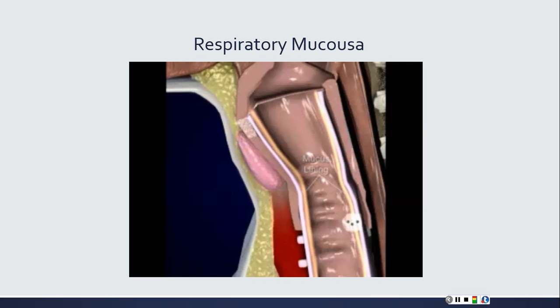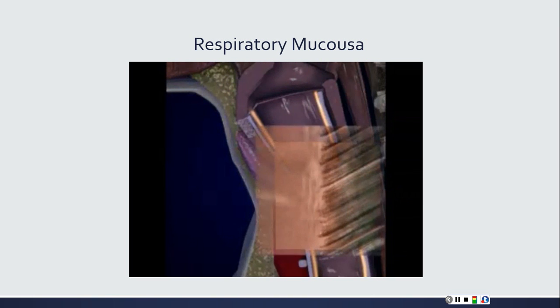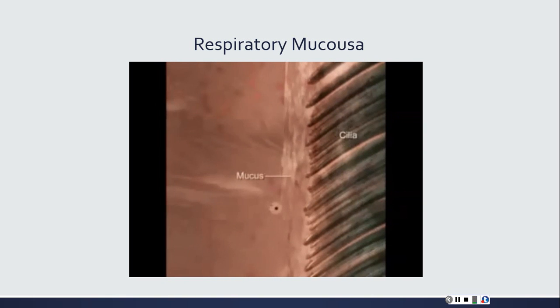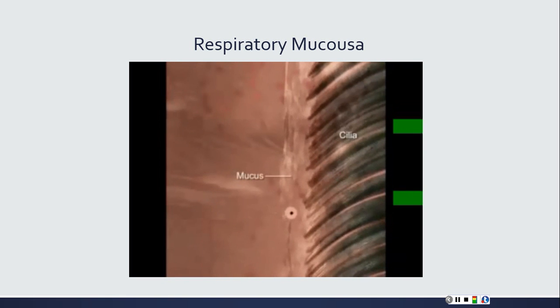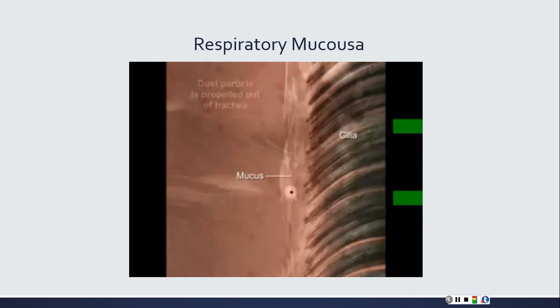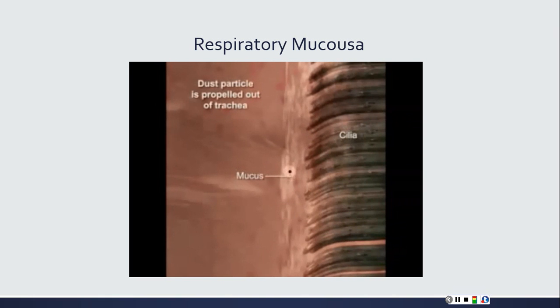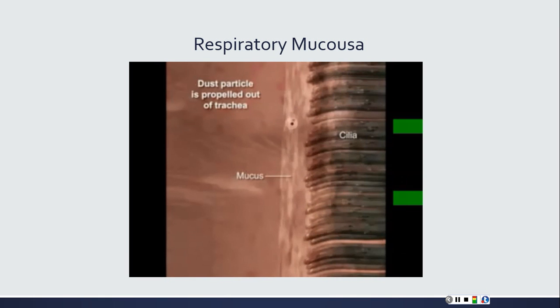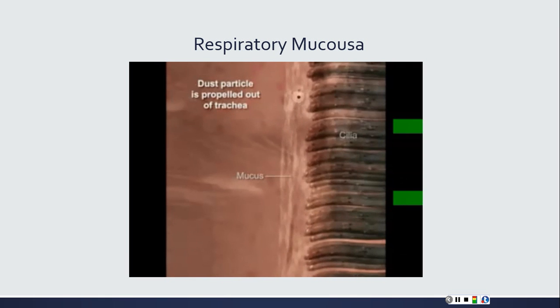This moist, sticky secretion acts much like flypaper to trap entering irritants and prevent them from going deeper in the respiratory tract. The removal of contaminants is further assisted by tiny hair-like cilia on the surface of the mucosa that sweep inhaled contaminants in the mucus secretions upward toward the pharynx to eventually be removed.